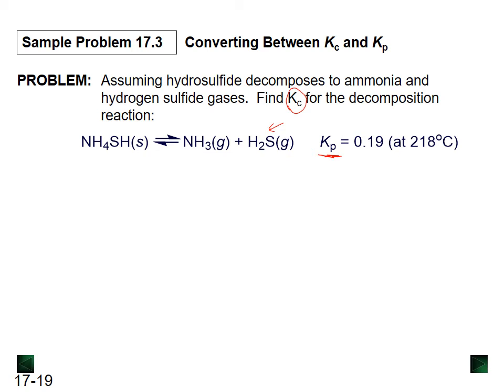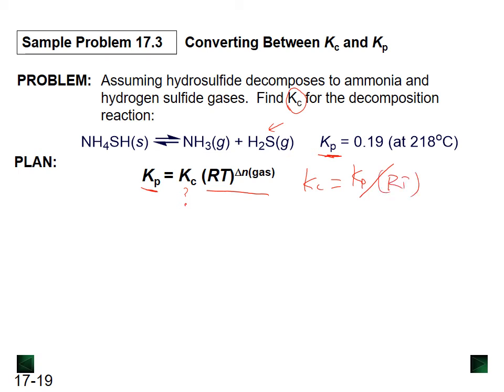To do this kind of question between Kc and Kp, immediately you should remember the equation Kp equals Kc times RT to the delta N. In this case, we know Kp and want to find Kc. Because Kp equals Kc times this, Kc should equal Kp divided by RT to the delta nth power.